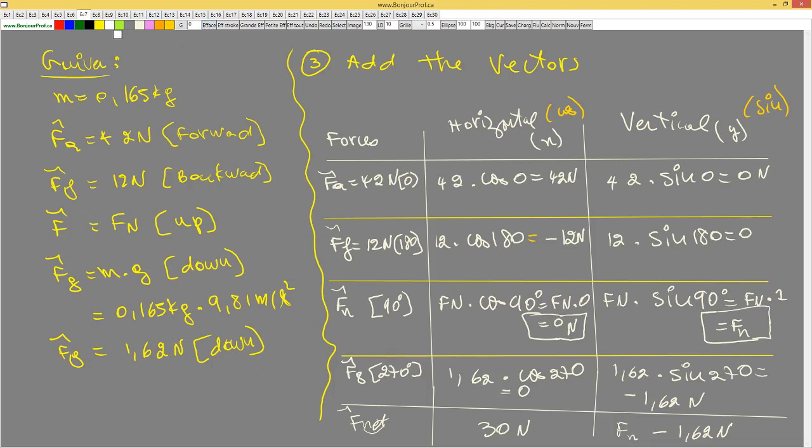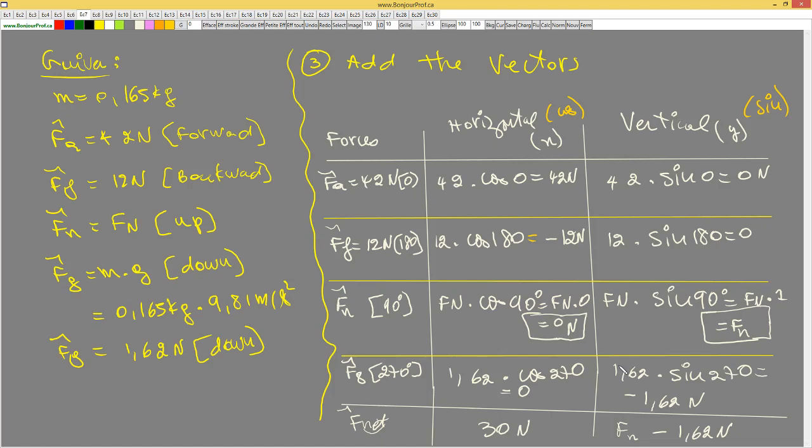Now you have to add the vectors. Add your column, the horizontal column. Add them all. Plus 0 plus 0, which will give you 30 newtons. So do the same for the vertical column. Plus Fn.